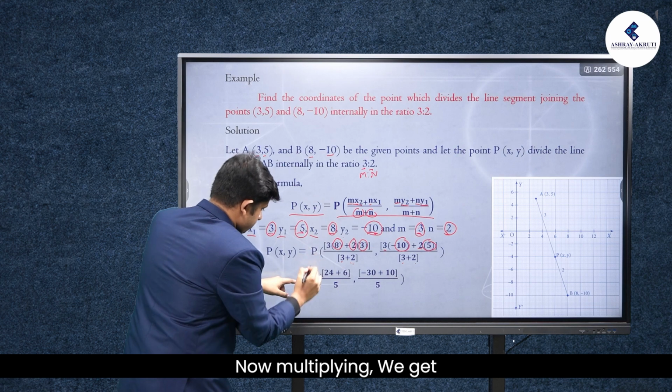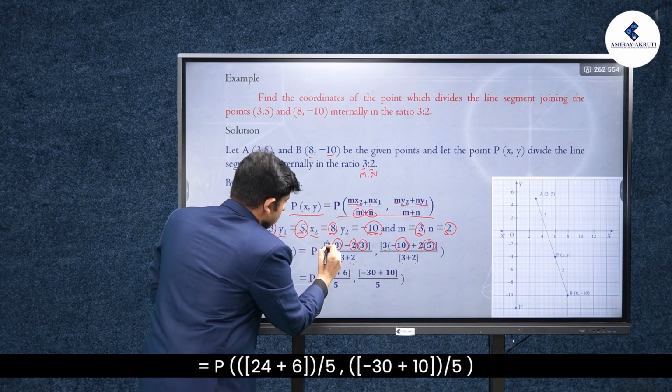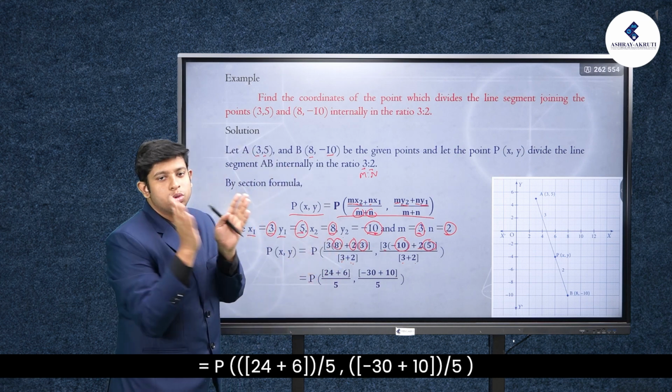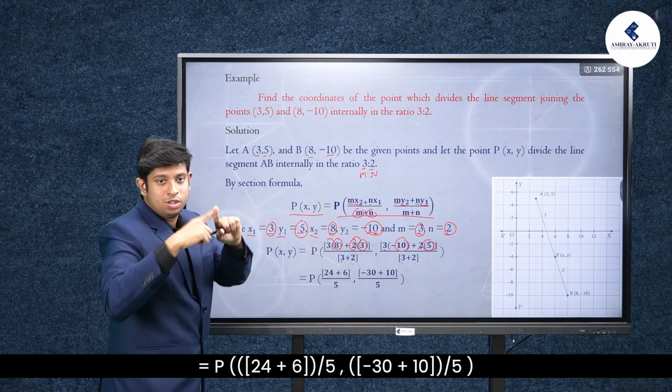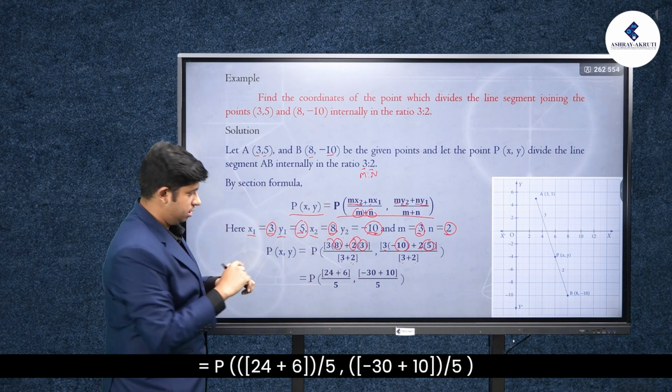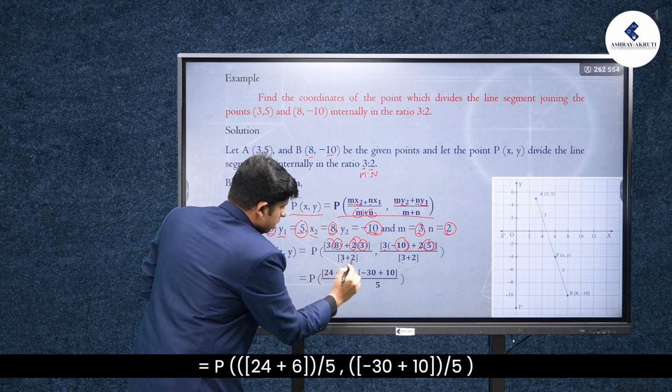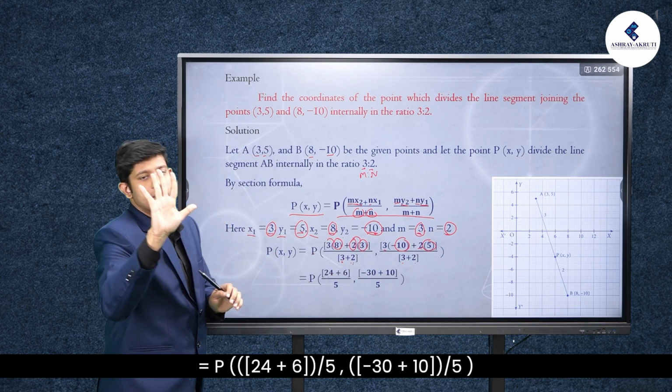Now by multiplying we get P of (24 plus 6) by 5, comma (minus 30 plus 10) by 5.